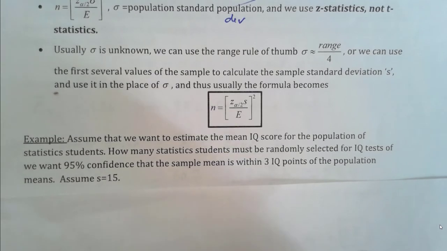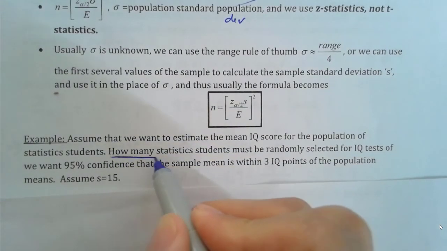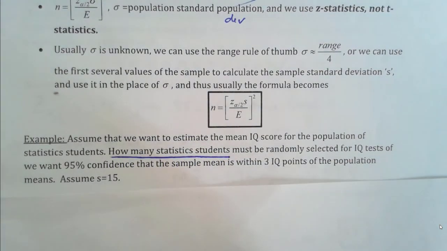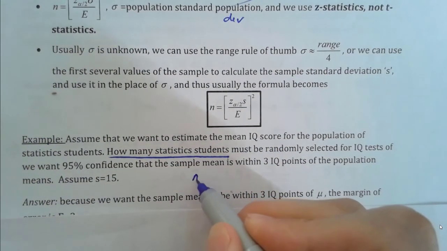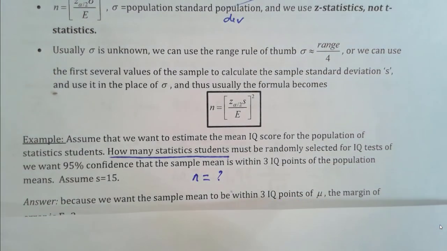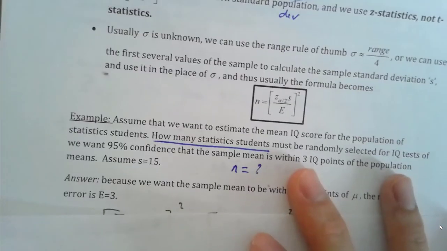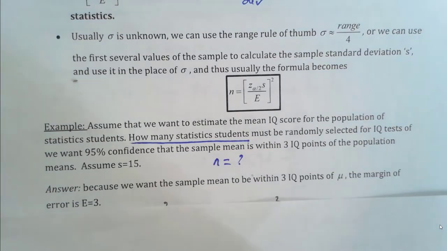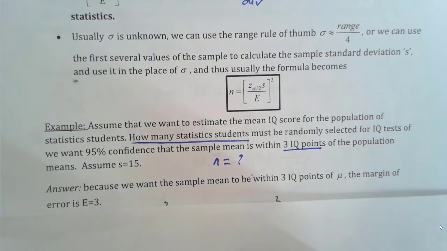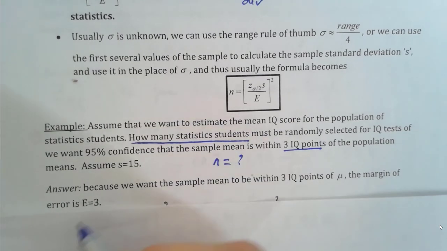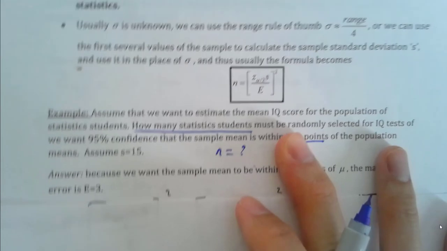In this case, we want to know how many statistics students must be randomly selected, or we are looking for the sample size n, right? And because we want the sample mean to be within 3 IQ points of the mean, the margin of error E is equal to 3.